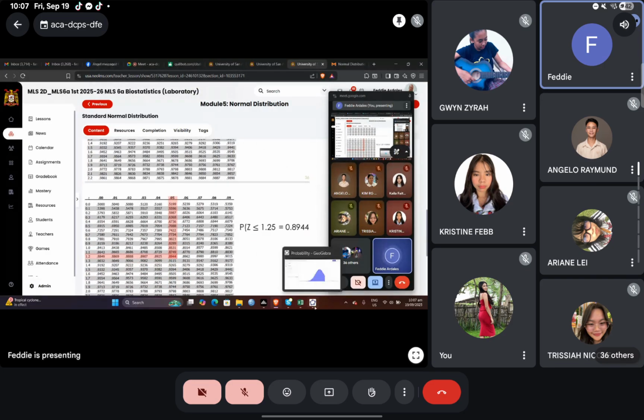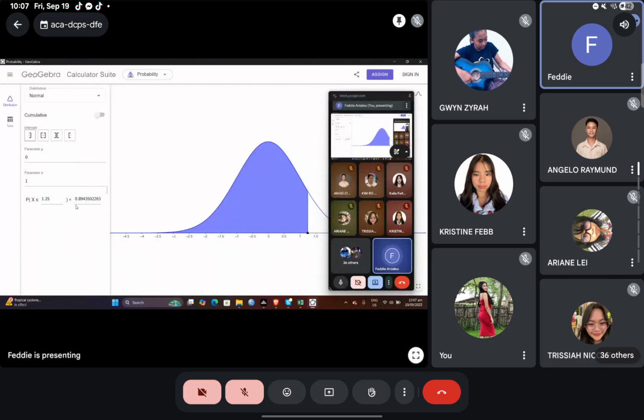In your GeoGebra, it is 0.89435. Rounding it to four decimal places will give you 0.8944 also. So if you want to use z-score, just plug in the parameters as 0 for the mean and 1 for the standard deviation. That would be easy for you to convert.